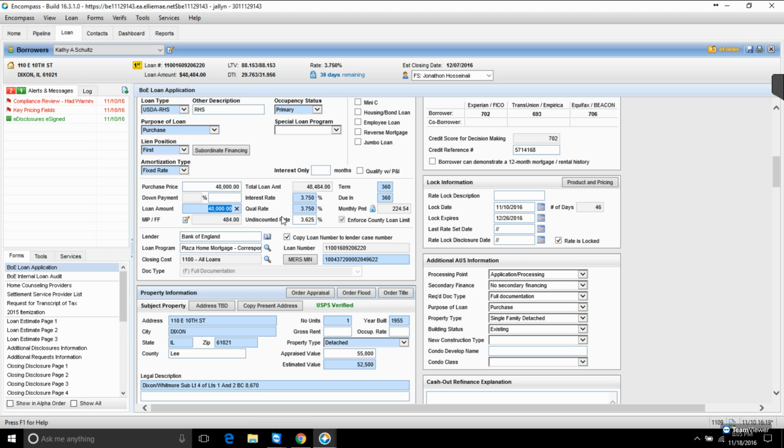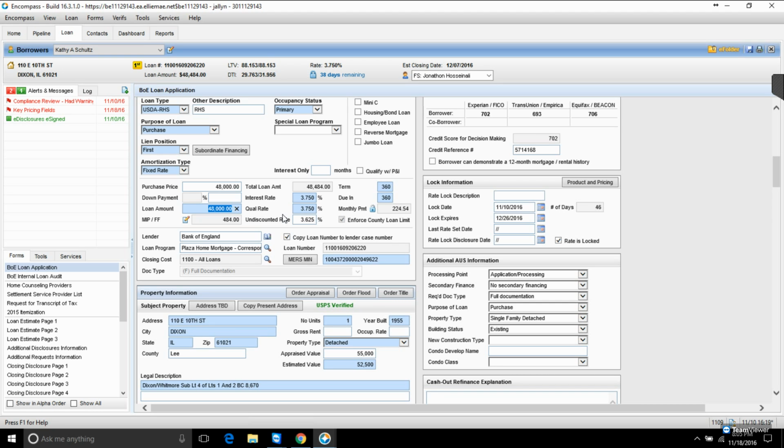An increase in loan amount has less impact on your principal and interest payment than an increase in rate. So a decrease in the rate with an increase in the loan amount gives you a better improvement in your ratios. It could help you get a loan qualified if something came up, and sometimes that's worked out where a house appraised out.